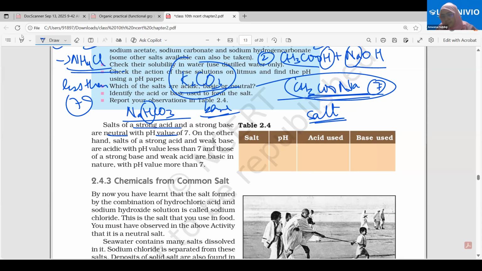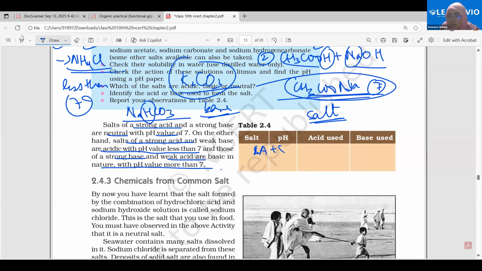NaCl, as continuously discussed. On the other hand, salts of a strong acid and weak base are acidic with pH values less than 7. And those of a strong base and a weak acid are basic in nature with pH more than 7. So these are three combinations that we can have.